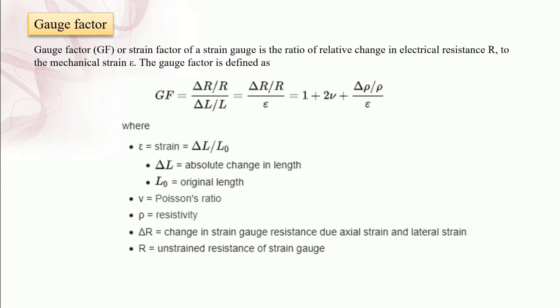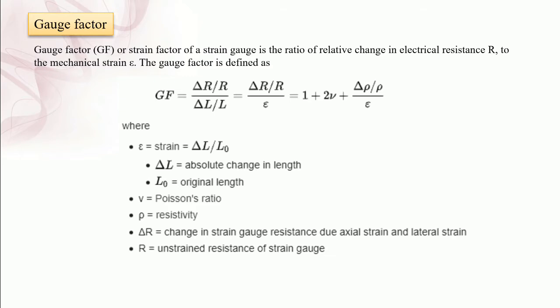The resistance of the strain wire gauge R can also be defined as rho L by A, where rho is the resistivity of the material of the wire and A is the cross-sectional area. The gauge factor can also be expressed with respect to the Poisson's ratio, as shown in this formula.